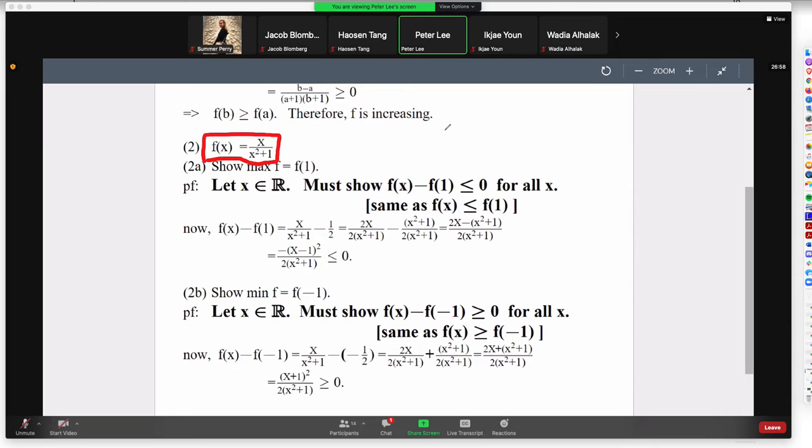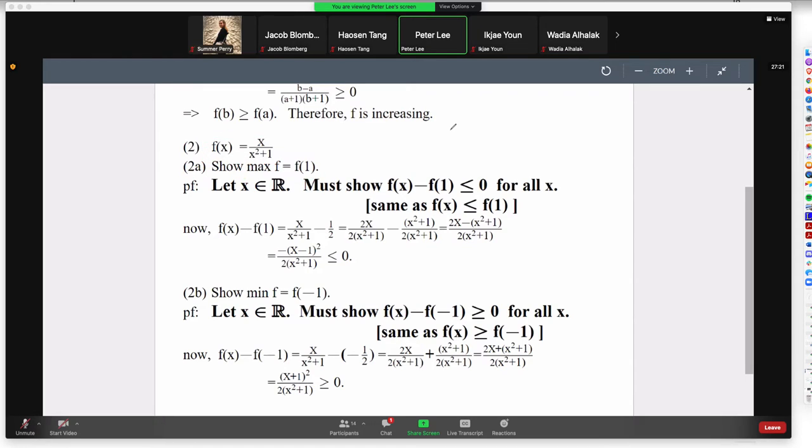So you have to show this algebraically, not by graph. Okay. So this is the function. So what is it that you have to show? Well, it says here to show that max f is equal to f of 1. Okay. So how do we show that statement? How do we show that this max f is equal to f of 1? How do we show that?